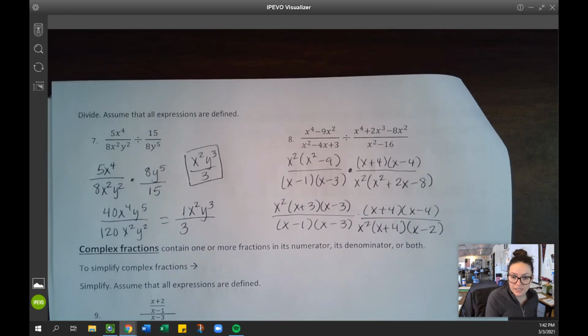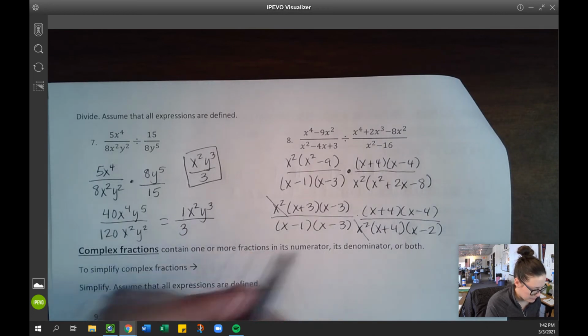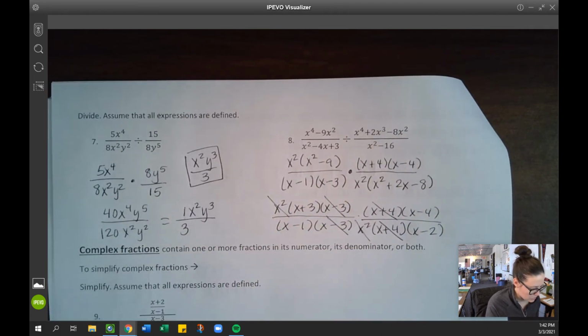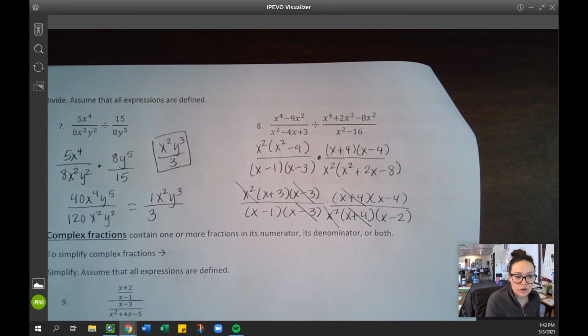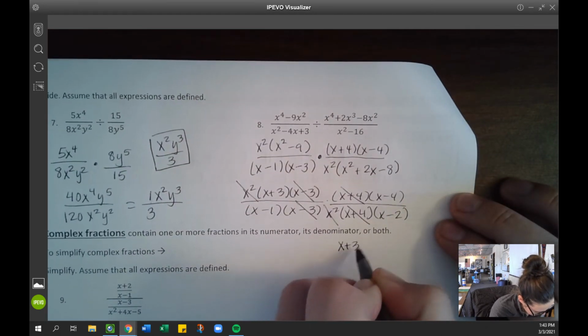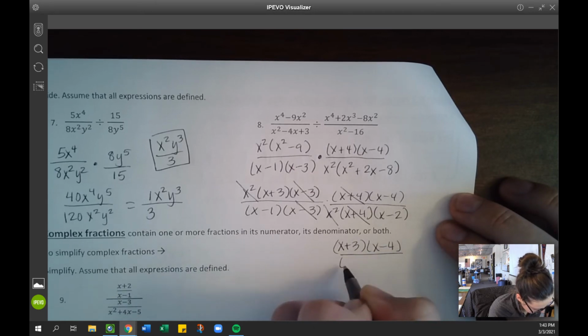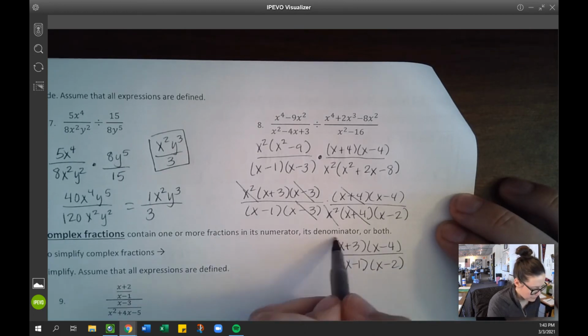Now, everything is connected by multiplication, and I can cancel out whatever's on the top and the bottom. So x squareds go away, x minus 3's go away, x plus 4's go away, and I think that's it. So my final answer is x plus 3 times x minus 4 over x minus 1 times x minus 2.